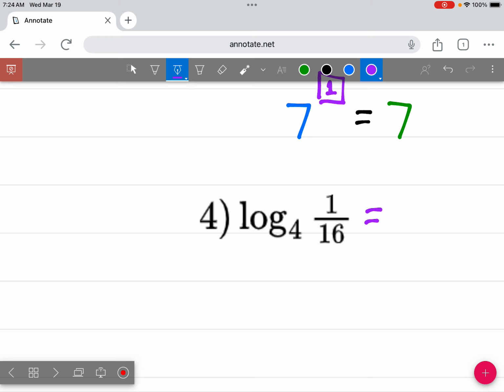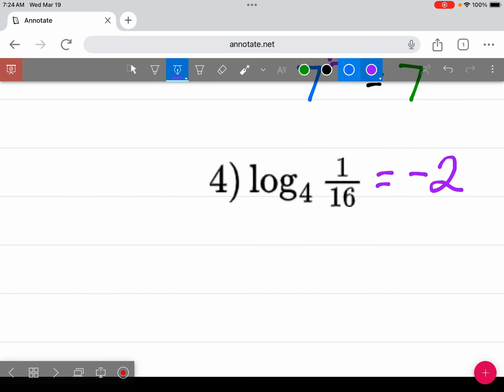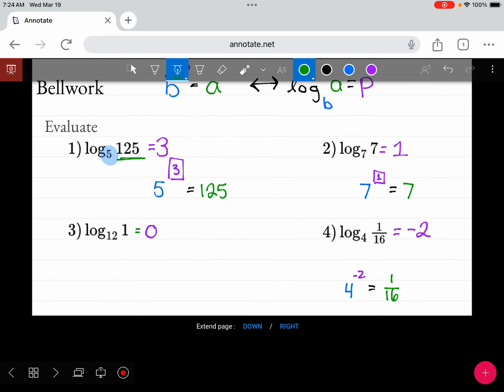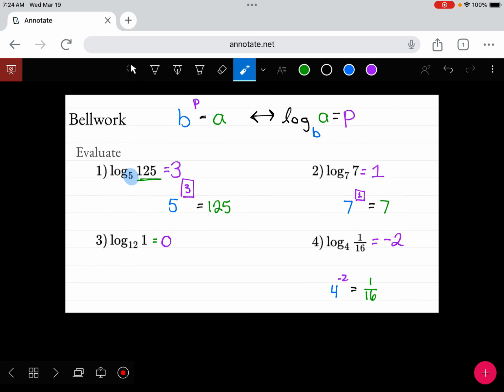So log base 4 of 1/16 equals -2, because our 4 to the power of -2 equals our 1/16. So we don't necessarily have to write this step. It's a fine way to especially double check, but we don't necessarily have to write that step down.